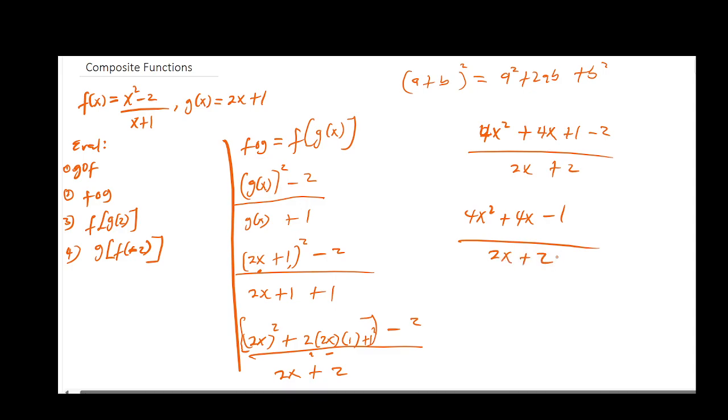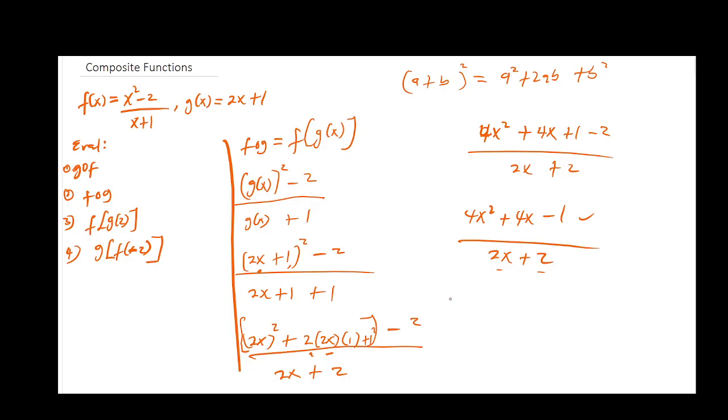2x plus 2. The numerator cannot be simplified further because there is no common factor there, so this can be left, but the denominator can still be simplified because there's a common factor.